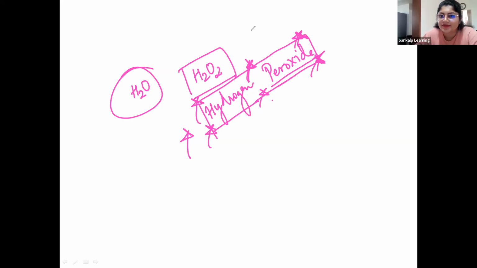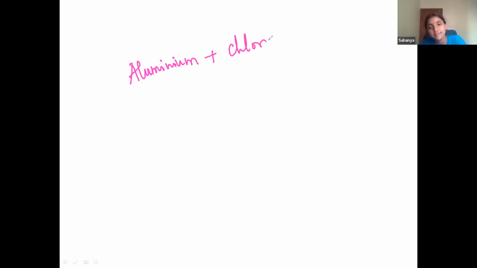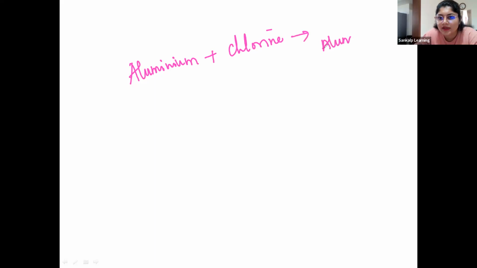Hydrogen peroxide. Okay, so aluminium chloride: aluminium plus chlorine gives you aluminium chloride.